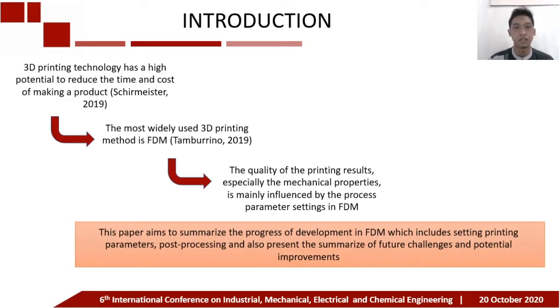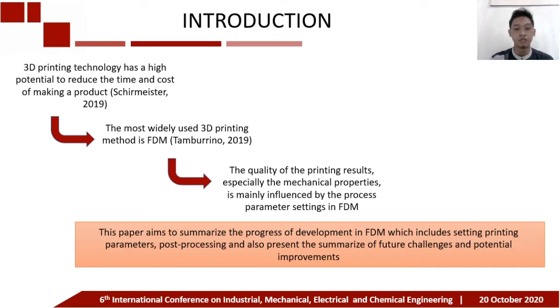First, about the introduction. 3D printing technology has a high potential to reduce the time and cost of making a product. The most widely used 3D printing method is FDM. The quality of the printing results, especially the mechanical properties, is mainly influenced by the process parameter settings in FDM.